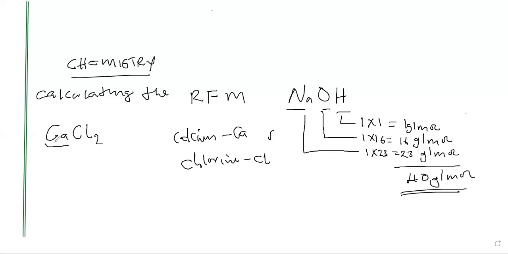So this means that we have 1 calcium there and a chlorine. Now on the chlorine here, we have a 2 down. So this means that we have 2 chlorine atoms in this compound. So how many chlorine atoms do we have? We have 2 of them.